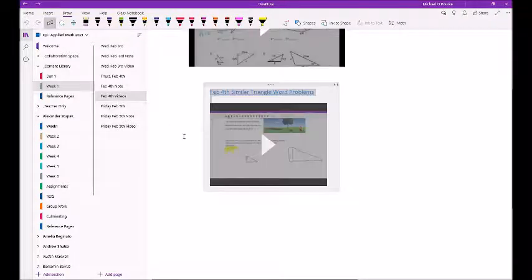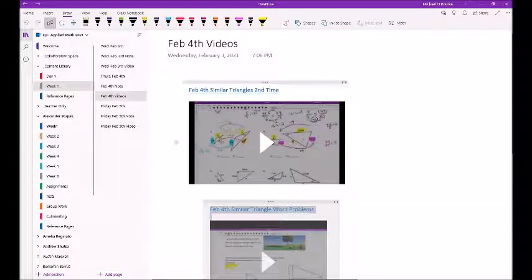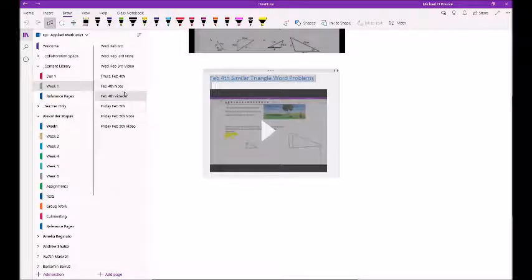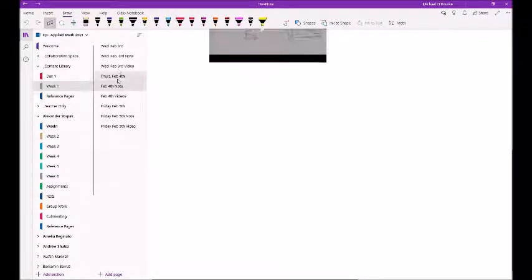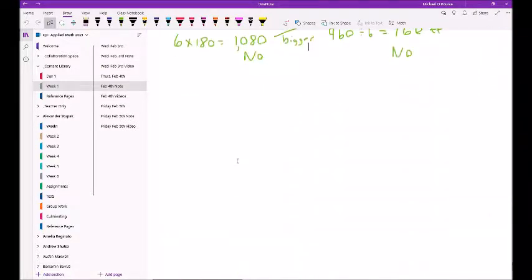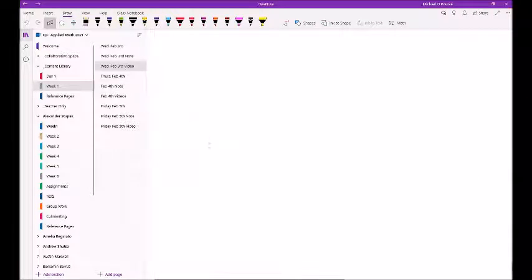Like yesterday's, I have the 2 lessons. Why isn't there 3 lessons there? I'll have to make sure I put the link in for the last lesson. I don't know where it went. Okay, I'll put a link in there for each lesson. Did I put it in the wrong spot? Anyways, so every day there's the lessons, the videos for the lessons I do. Should be in there. Okay?